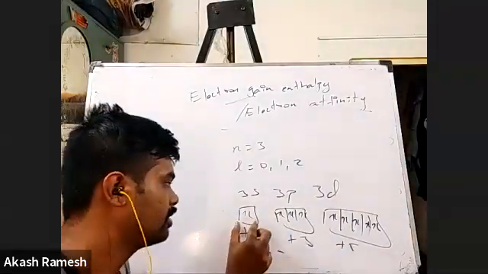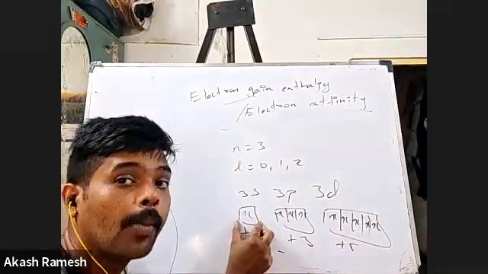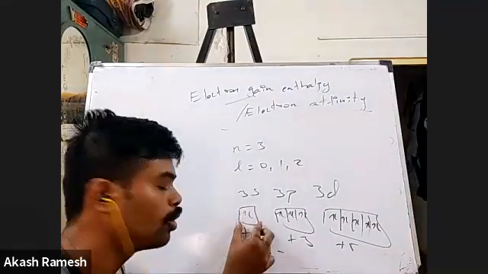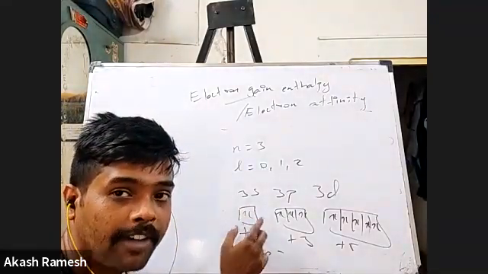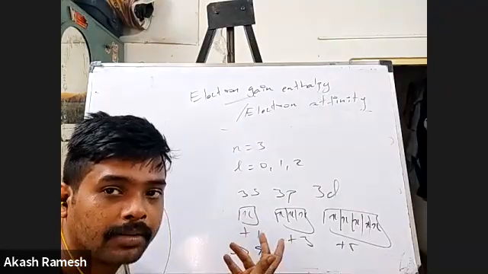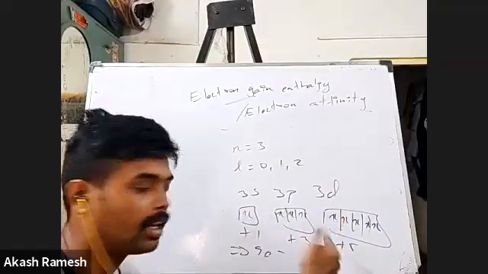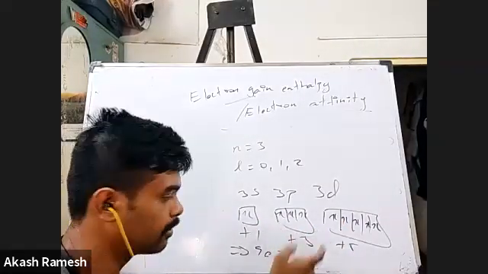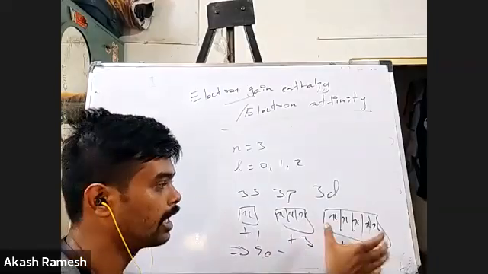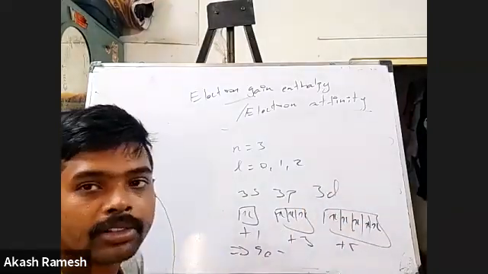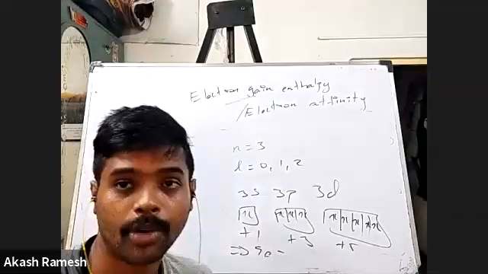In this s subshell, there are 2 electrons in total. Out of these 2, only one electron has that spin. In the p subshell, there are 6 electrons in total, and only 3 of them have -1/2. And in d, I have 5 of them, totally 9. Thank you, sir. Okay. Any other question, guys? Just bring it on.